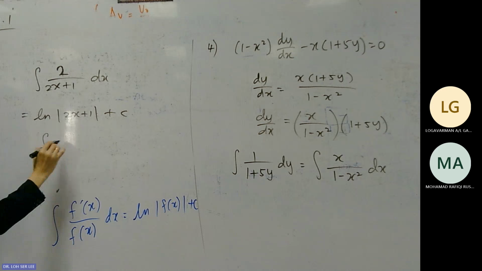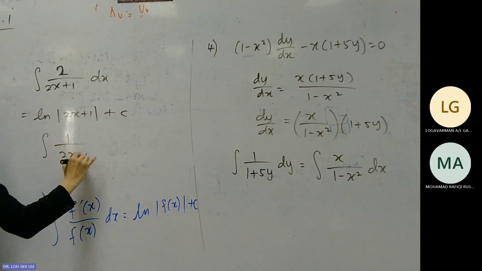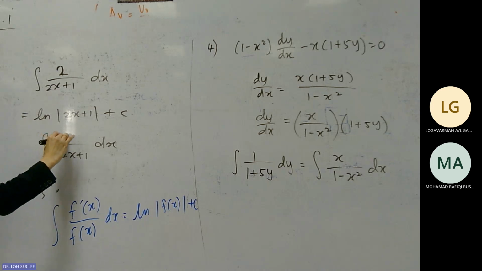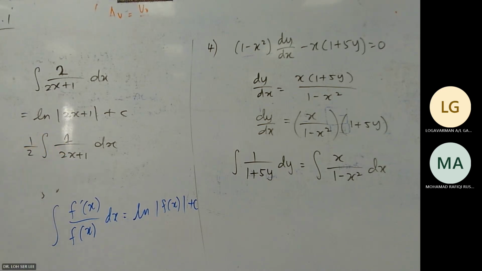What happens if your question is something like this? When you differentiate 2x plus 1, you should get a 2, but you have only 1. So what do we do? We multiply by 2, but we divide by 2 outside because we can't change the question. When you insert a 2 here and divide by 2 outside, we can cancel out the 2, and this is still the same as our original question.